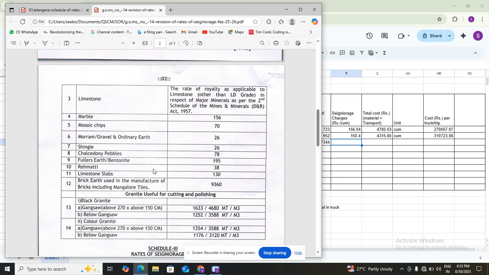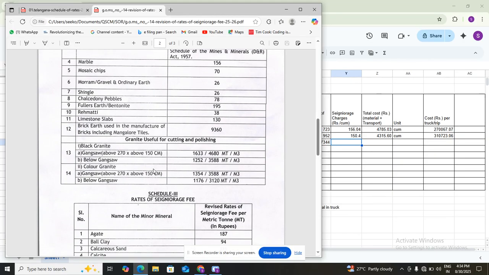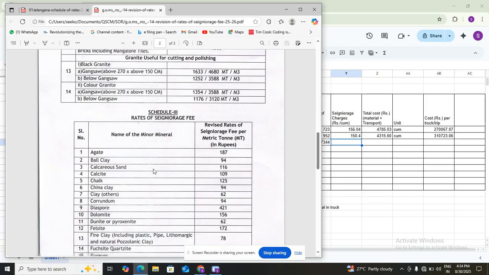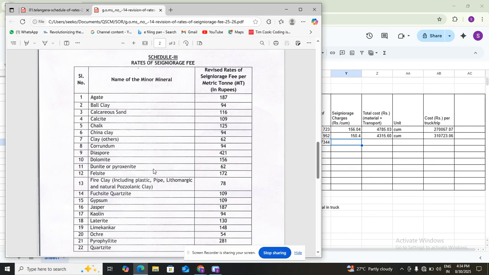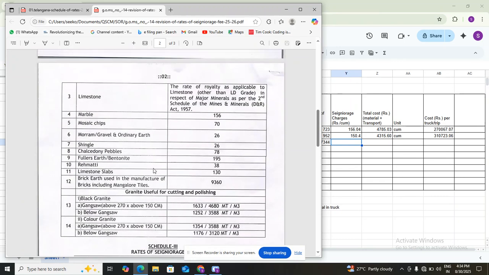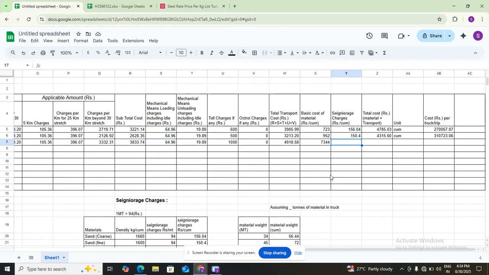These limestone slabs are 130, brick rock, black clay, gypsum is 109. Okay, I'm taking 156, the marble rate. Okay, here it is not available, that's why I'm taking 156. I'm taking 156 as the CNRS charges of that one.